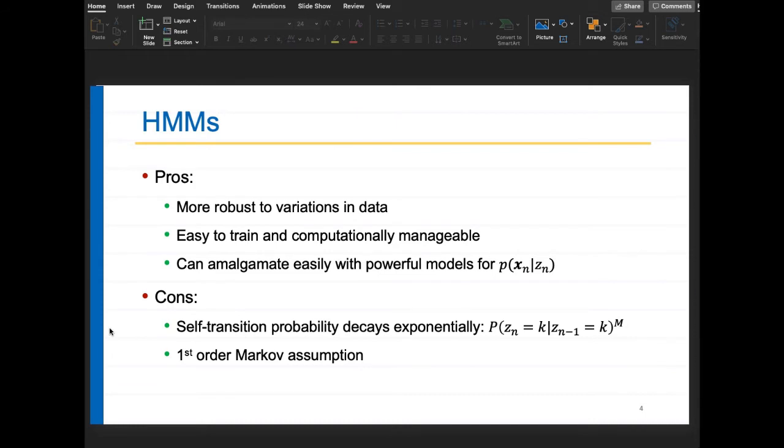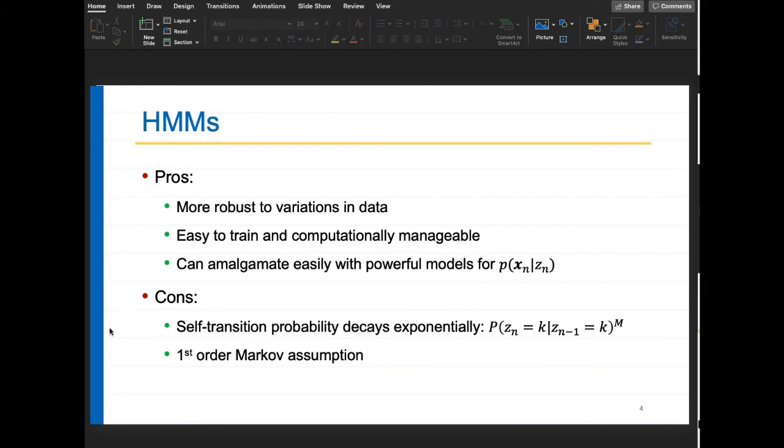But HMMs will always model that distribution as an exponential distribution. You can never model it like a Gaussian with a peak at 10 frames, or a Poisson distribution with a peak at 10 frames. The distribution is limited to exponential decay, and it can never become any other distribution.